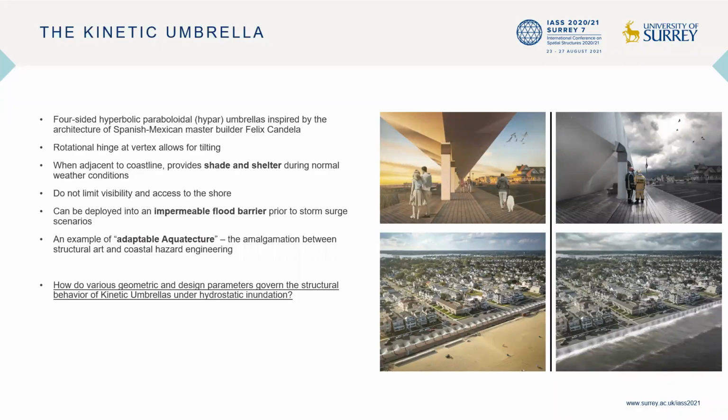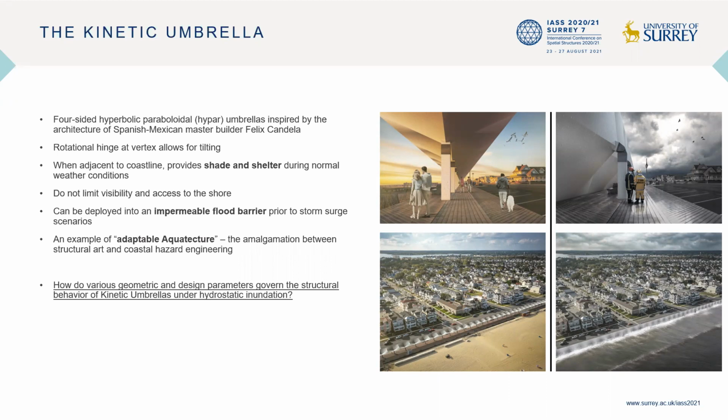Kinetic umbrellas are four-sided hyperbolic paraboloidal, or hypar, shells inspired by the architecture of master builder Félix Candela. Unlike traditional umbrellas designed by Candela, we incorporate a hinge at the vertex, which allows for tilting. When placed adjacent to urbanized shorelines, they provide shade and shelter without limiting access to the coast.